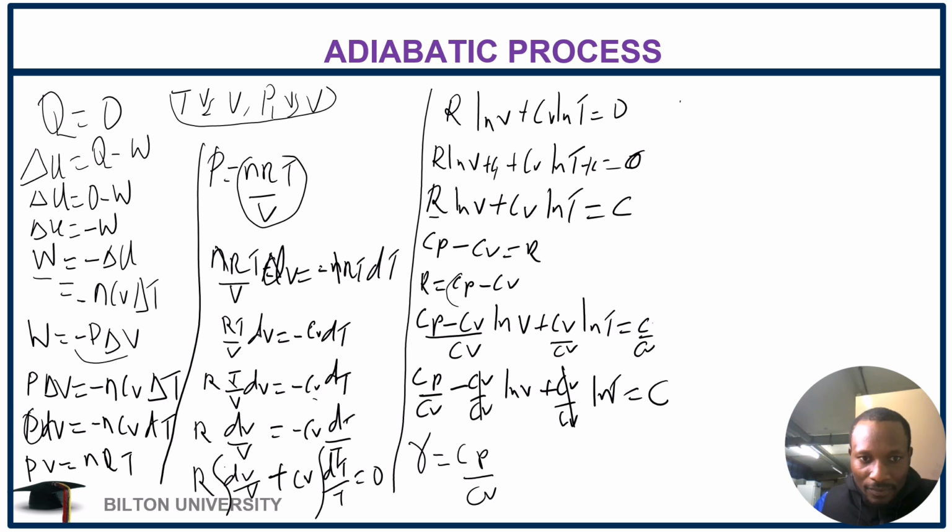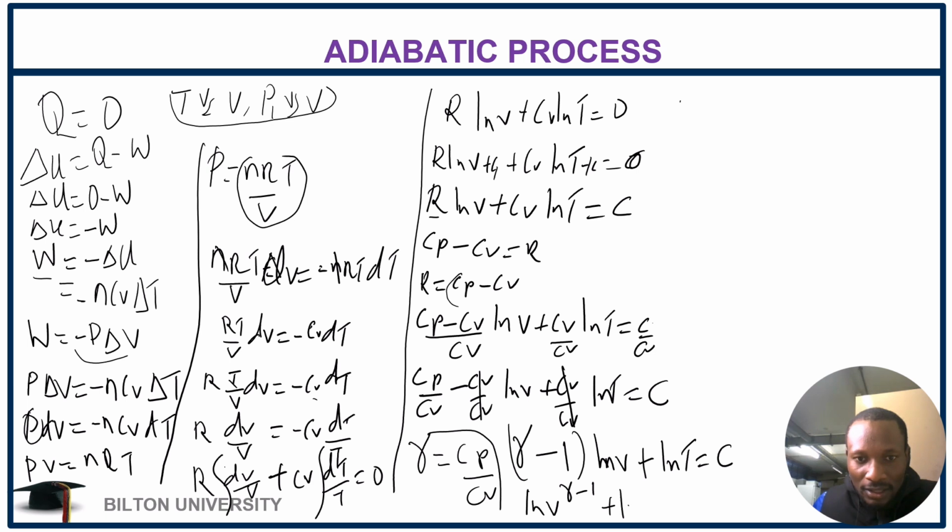This equation will change, and we can rewrite it as gamma minus 1, because Cv divided by Cv is 1, ln V plus ln T is equal to C. According to the laws of natural logarithms, you can rewrite this as ln V to the power gamma minus 1 plus ln T is equal to C.